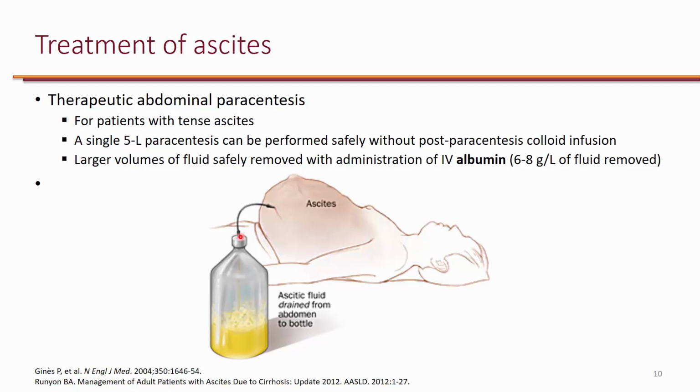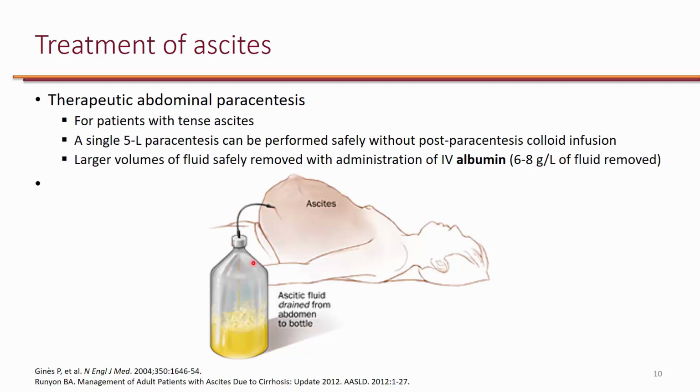For example, someone who has recurrent ascites gets discharged from the hospital and then a week or 2 weeks later comes back and says they gained 10 kilos. 10 kilos translates to 10 liters of fluid. It's hard to get rid of 10 liters of fluid using just diuretics. So what typically happens is that they actually draw the fluid out.